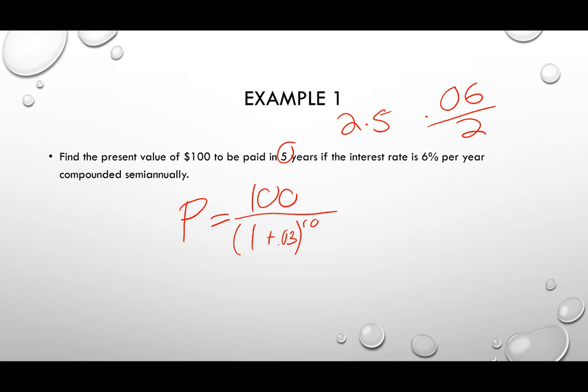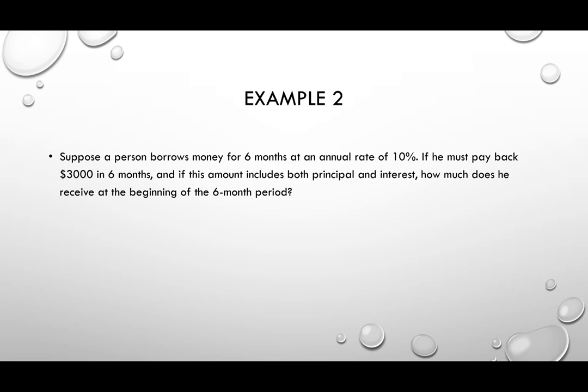So it's as simple as that. You just plug that in and get a number. I believe that comes out to $74.41. So this is how much money we need to invest now if we want to make sure we get $100 in 5 years at this rate. It's very simple.